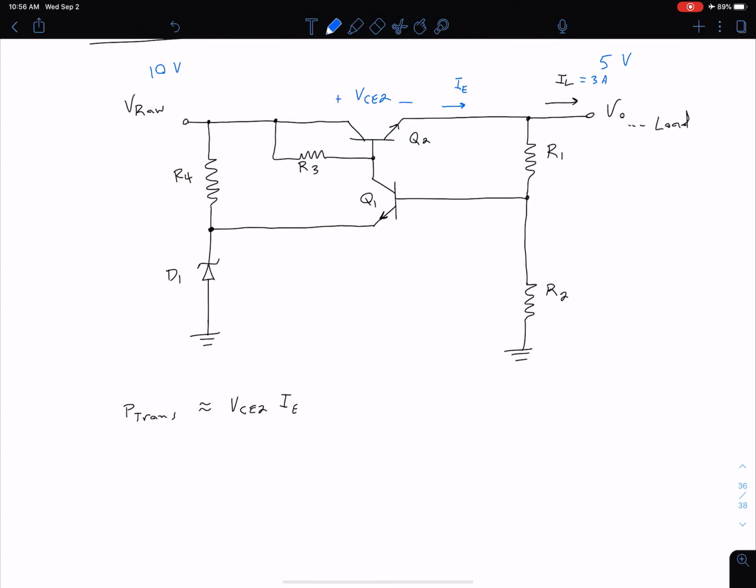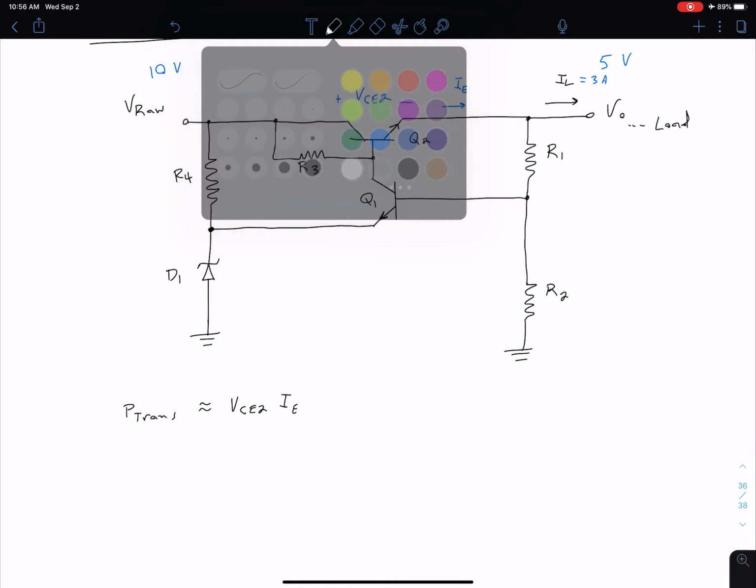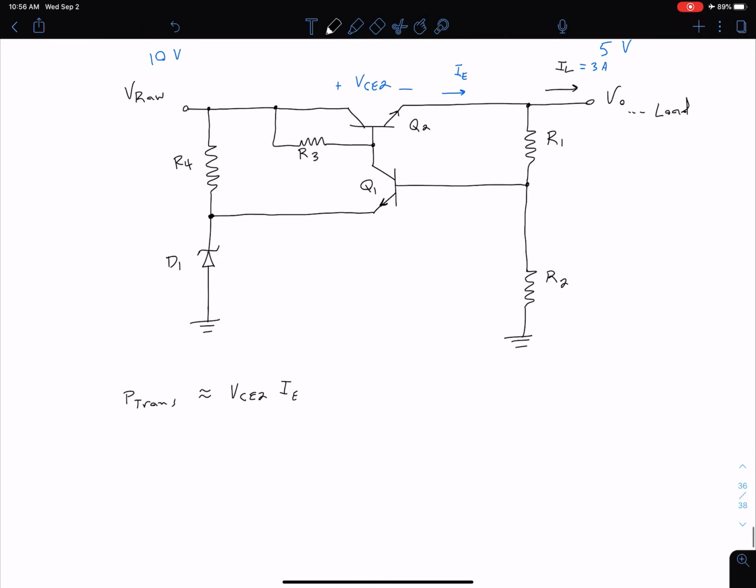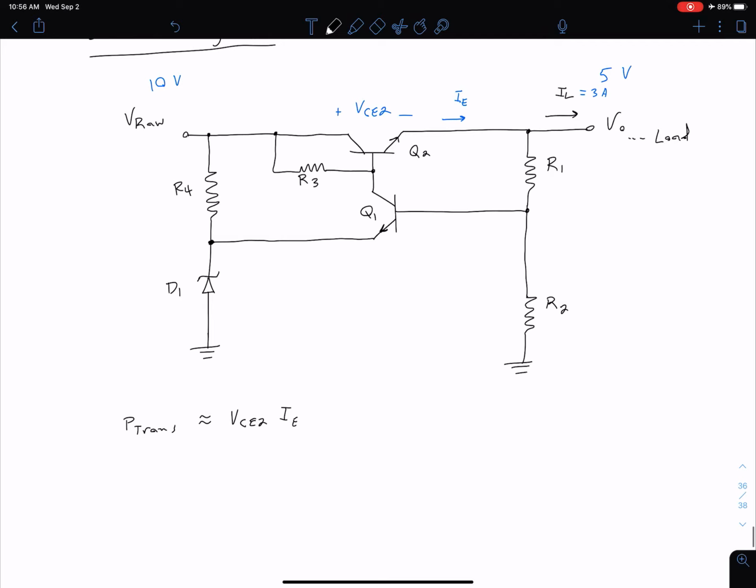Now we can make another assumption: the current pulled through this voltage divider network should be pretty small, so this is approximately VCE2 times the load current IL.